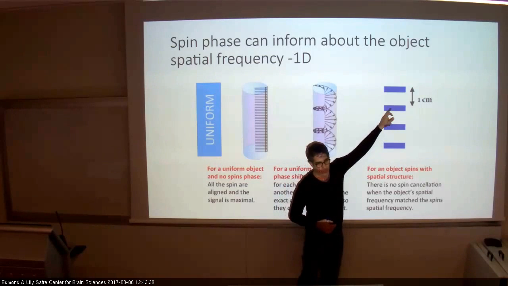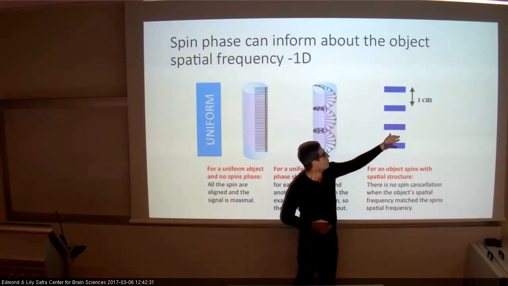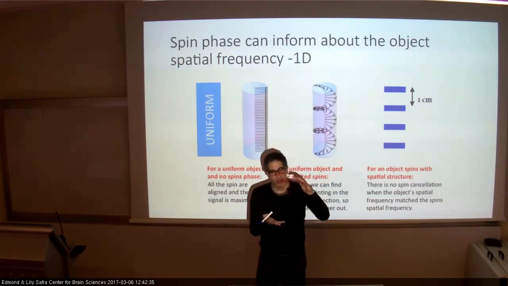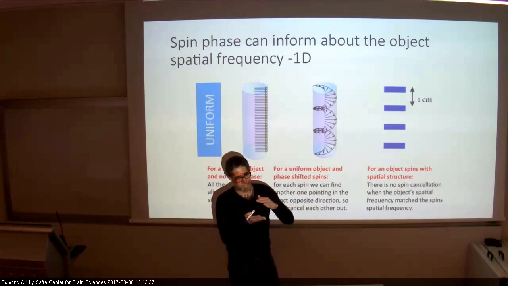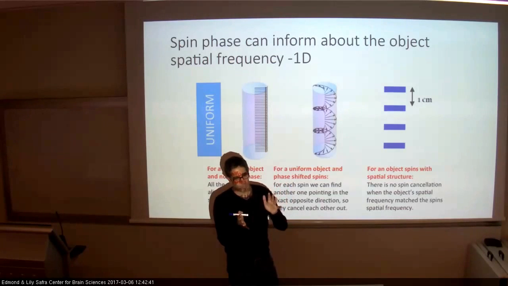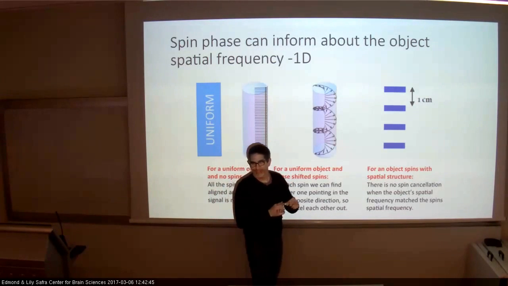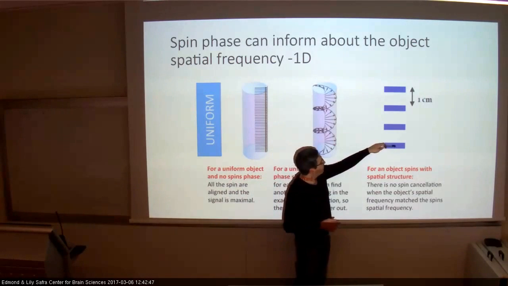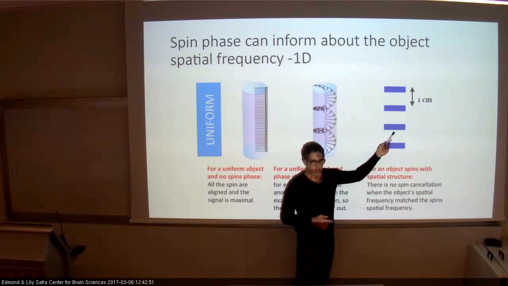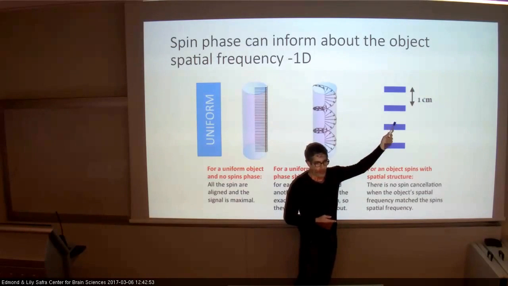Only in here. Say the object is something. If you want, I create a very big box, and I put air, water, air, water, air, water. There are many reasons why that won't work in MR, but that's for the game here. Air, some water, bony tissue, watery tissue, bony tissue, water.